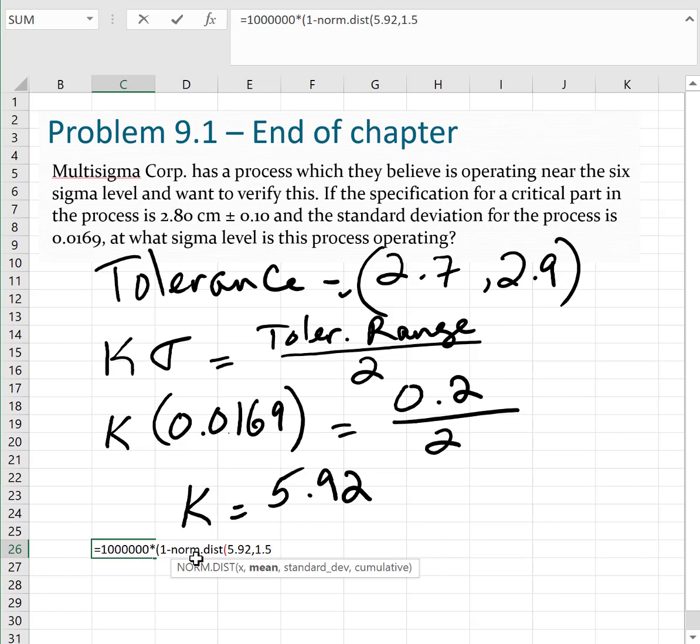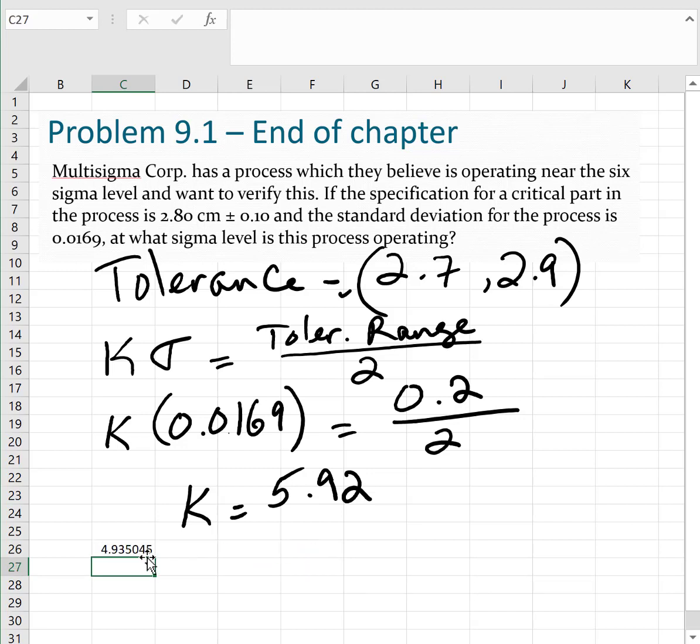So then the mean could be 1.5. Standard deviation is 1, and we want cumulative, or I can put true, and we get 4.93. So given that sigma level is 5.92, then approximately 4.9 defects per million opportunities can be expected.